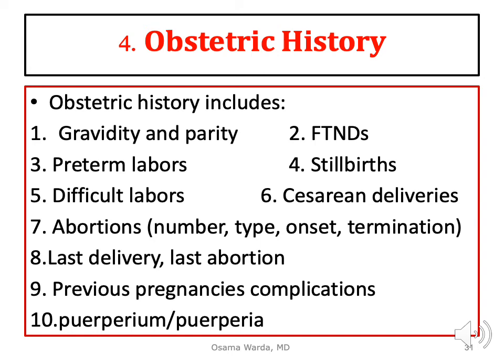Preterm labors are those pregnancies that had been terminated with a gestational age between 20 weeks and 36 weeks plus 6 days. Let's say before 37 weeks. Stillbirth is delivery of a dead fetus, whether this death occurred in utero or intrapartum.